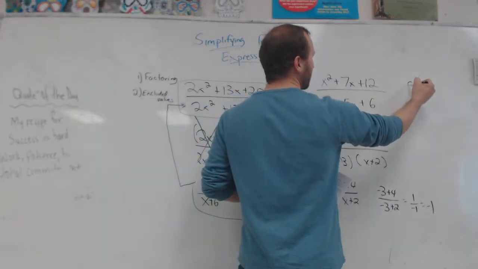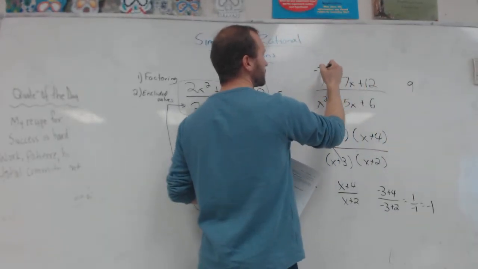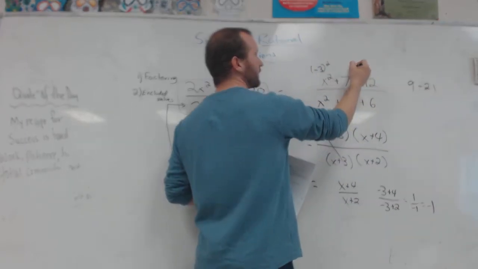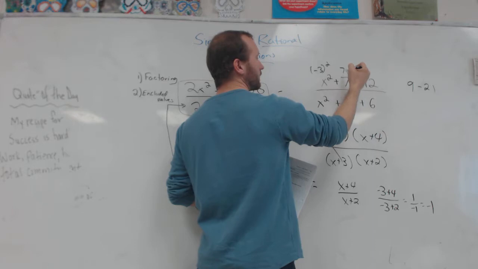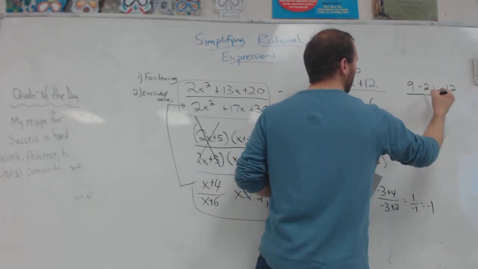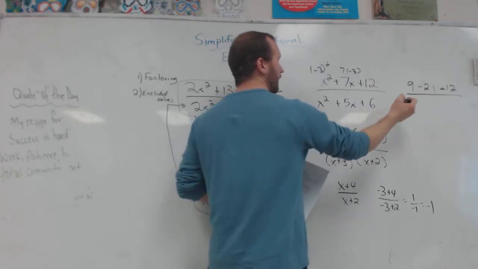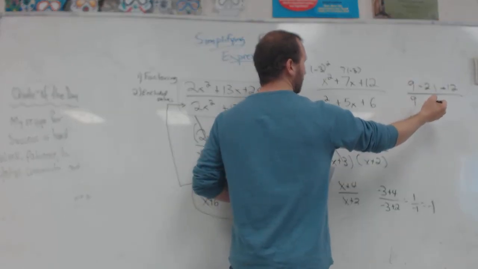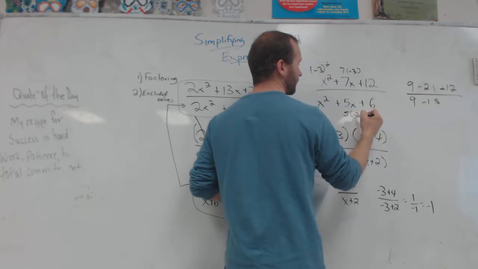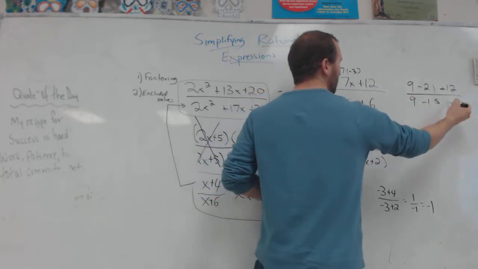We'd have 9, because that's negative 3 squared, minus 21, because that's 7 times negative 3, plus 12, over 9 again, minus 15, because that's 5 times negative 3, plus 6.